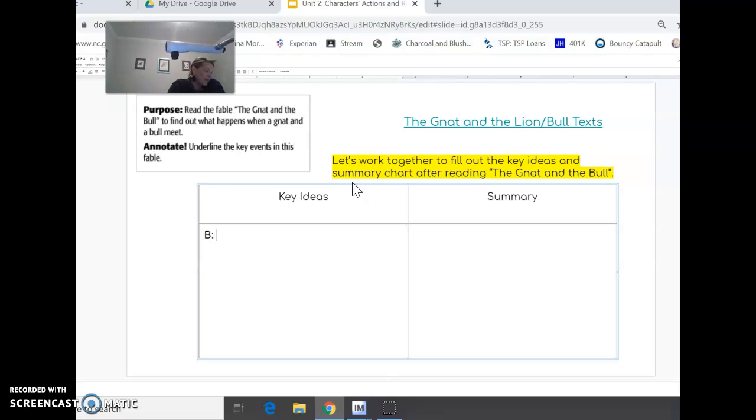Well, I have in the beginning that the lion, that first paragraph, we put the little bracket to the side and we said they were kind of fussing. So in the beginning, we have the lion and the gnat fussing at each other, right? And that's because the gnat was annoying the lion.